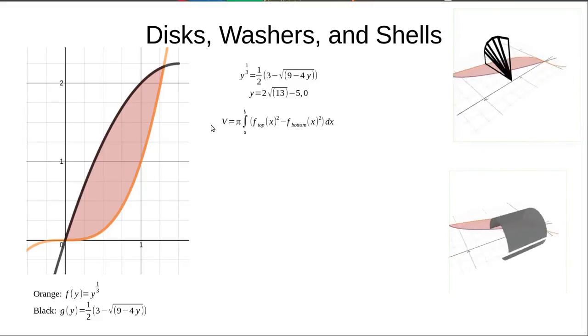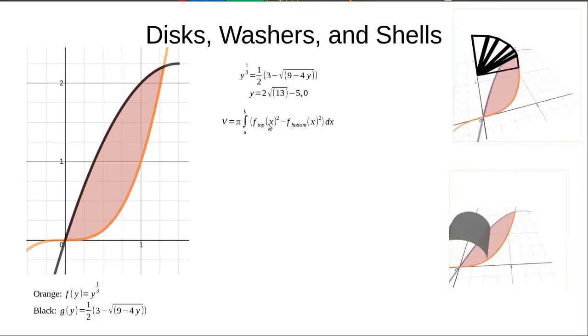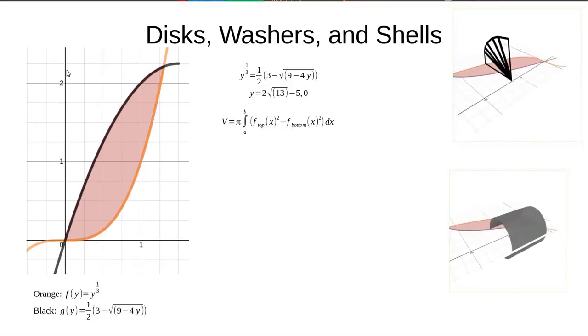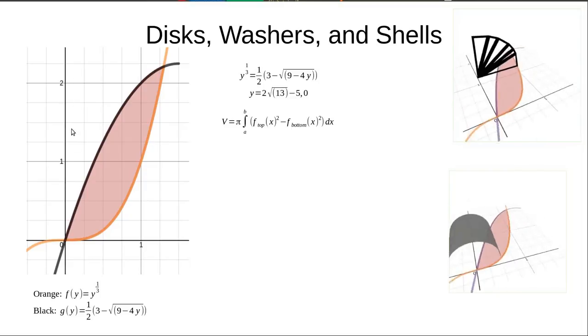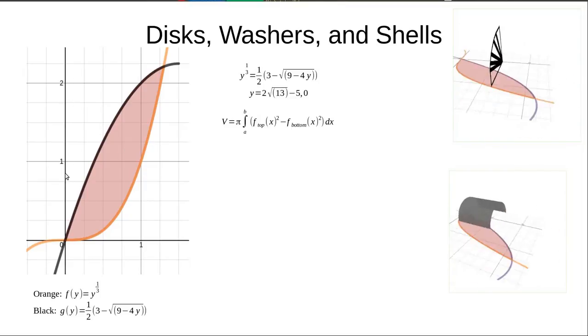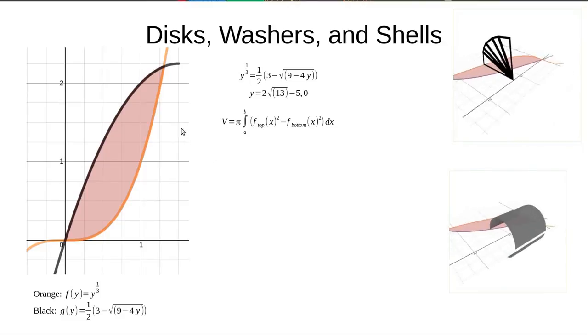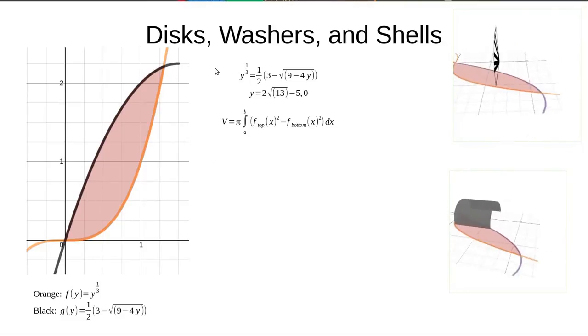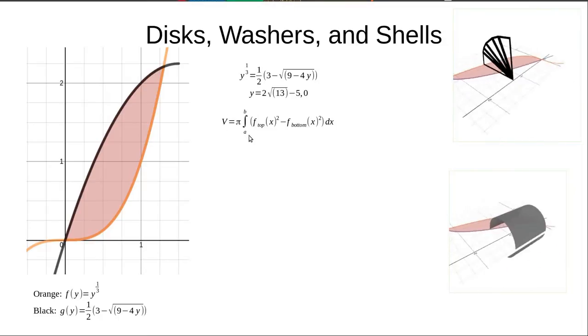So again, we want to solve our intersection points, but this time we want to use this formula, where f top is our higher function. If we're looking at it from the side, here's our flat line and we're looking at it this way, our top is our orange function and our bottom is our black function.